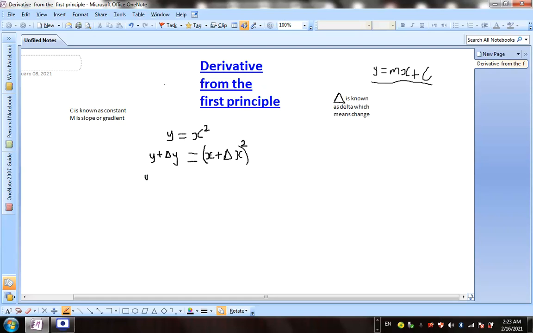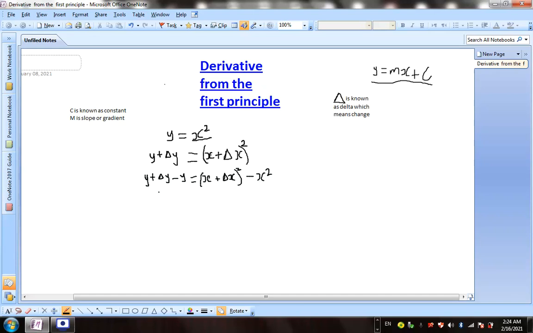Now the next thing, we have y plus dy minus y is equal to x plus dx squared minus x squared, because we are subtracting this x squared from this side also.